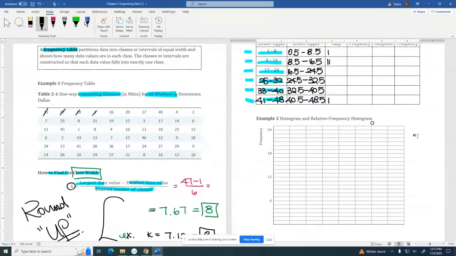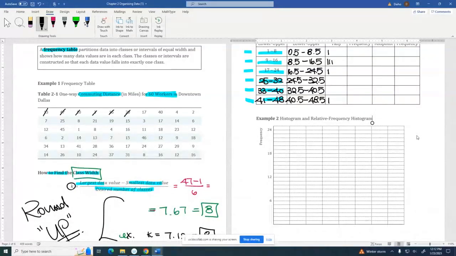Where must we go? 16 here. Inside is less than 16.5, so the 16 must go to the second class. Does it make sense, right? 16, the second one.